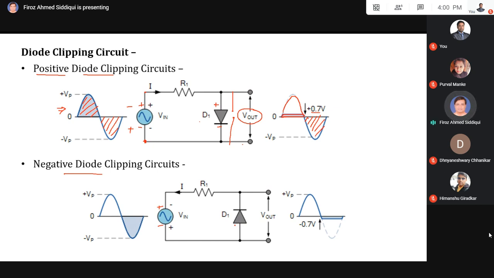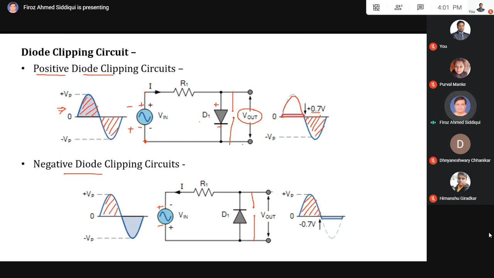So this diode will be in reverse bias condition, and in reverse bias condition this will act like an open circuit. And if it is open, then this output voltage is the voltage which is applied at the input. So input का जो complete positive cycle है वो as it is हमको output पे मिलेगा.